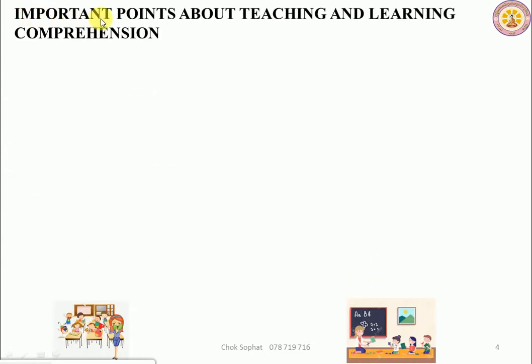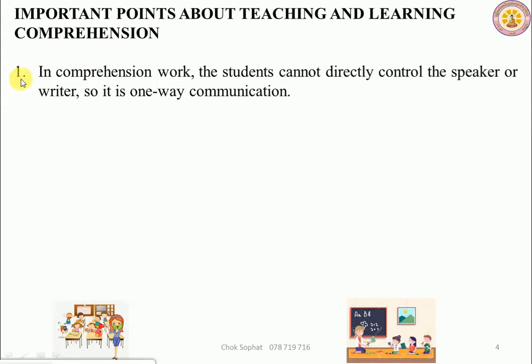Okay, important points about teaching and learning comprehension. What are the important points of teaching and learning comprehension? In comprehension work, the student cannot directly control the speaker or writer, so it is one-way communication.